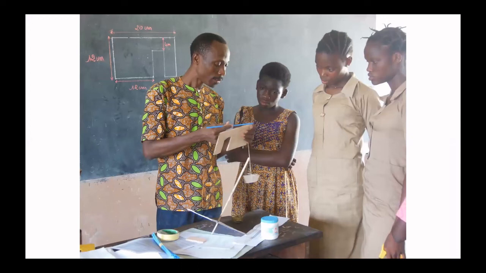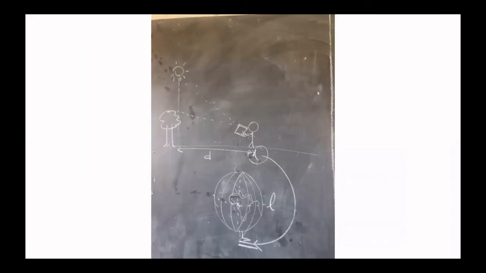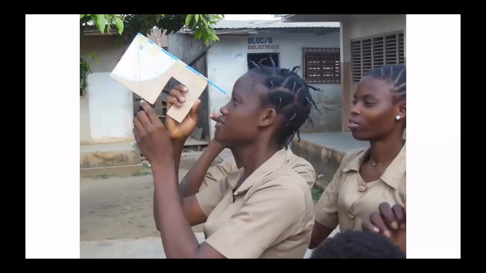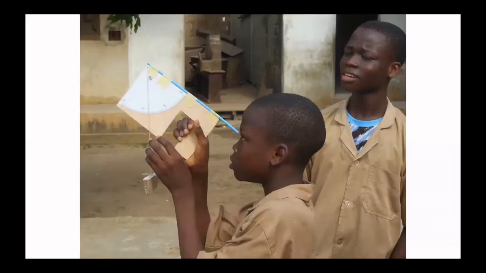These are some pictures that Aristide from Benin sent to me. They are preparing the quadrant with the students. They are explaining what to do and how to take the information. At the beginning, they used the quadrant in a terrestrial way so that the students understand very well how to do it, and they made several measurements.